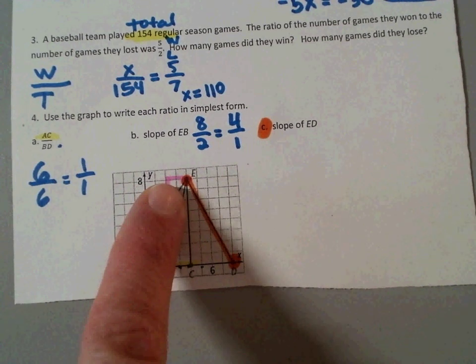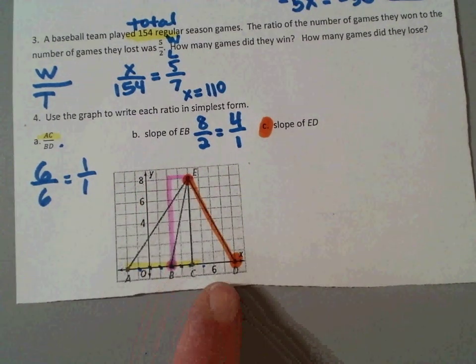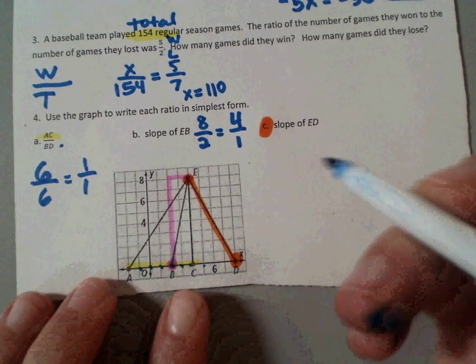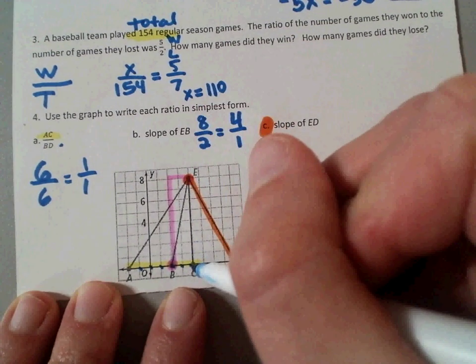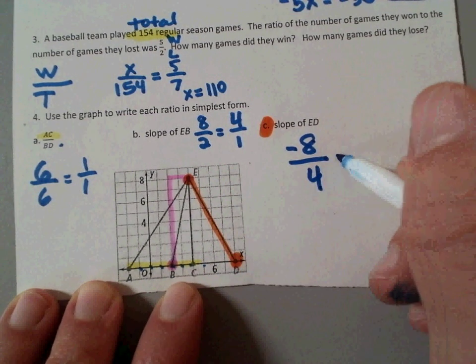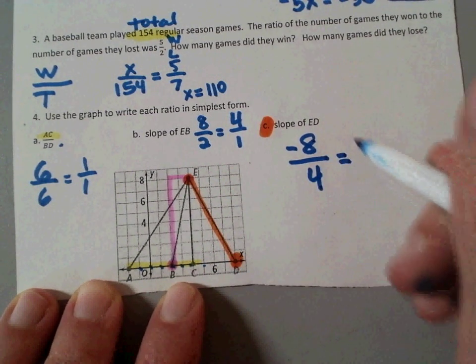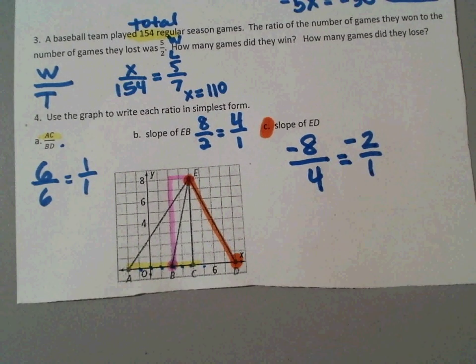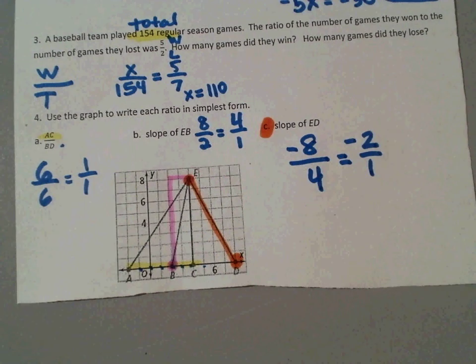E, the one on the left. And would you go up or down? Down and then to the right. Good. Down and to the right. So that means negative 8 over 4, which means negative what over what? Negative 2 over 1. Okay, cool. How about I stop there.